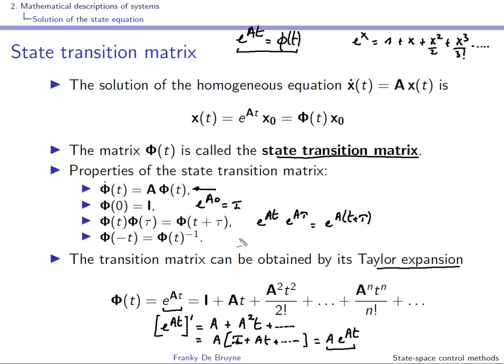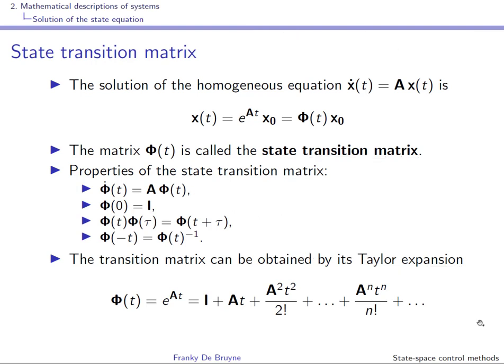And this says that e to the minus At is the inverse of this quantity over here. So this will be the identity matrix. Well, in the next few slides we'll make the link with the other course in the teaching unit Advanced Control 1, which is linear algebra.